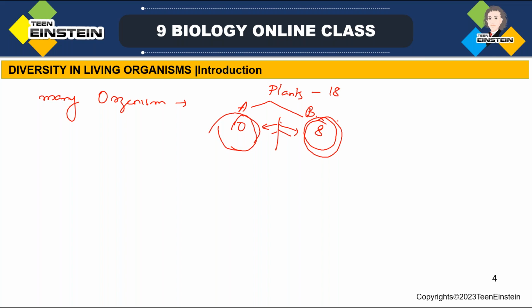So here, different forms of life occur on earth, right? They start from microscopic bacteria, microscopic forms, to the larger ones. Then they also differ in their life cycle.